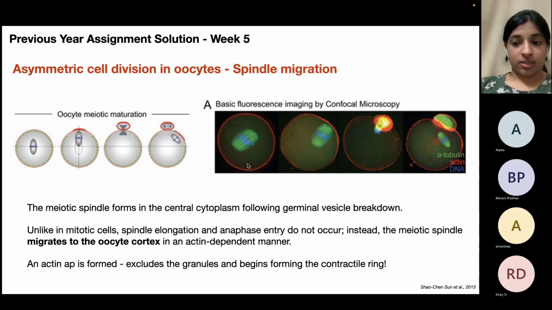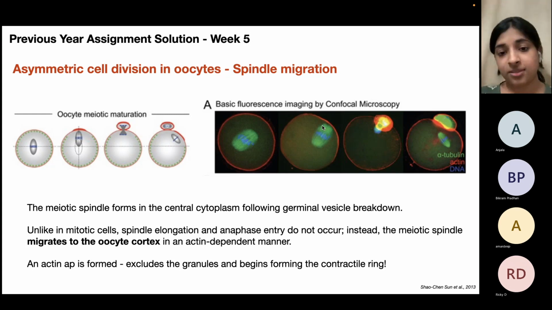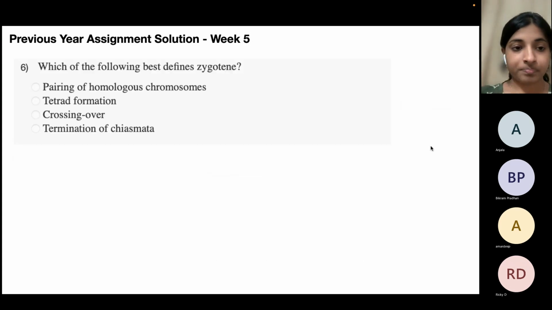First, it's present throughout the cell, and then it has to form in the center of the equator so that it pinches out a contractile ring and forms two equal daughter cells. But in this case, after spindle migration happens, we can see that the actin gets concentrated towards one end only. So there is an actin cap forming, and then it forms a contractile ring and separates out, pinching out this very small polar body.